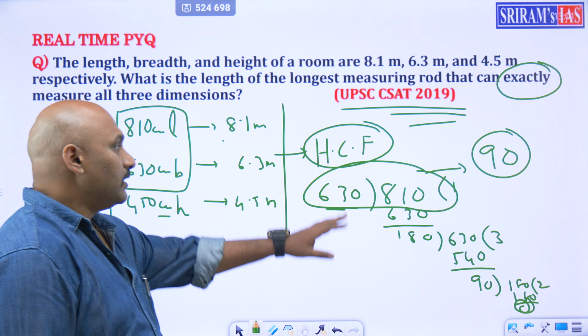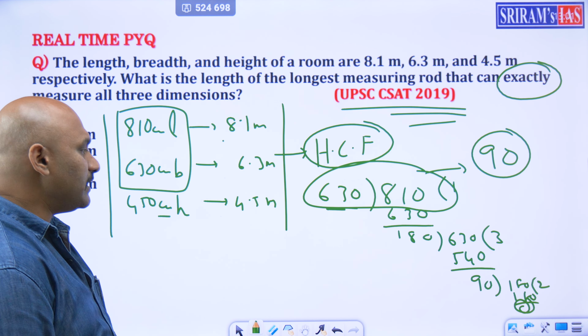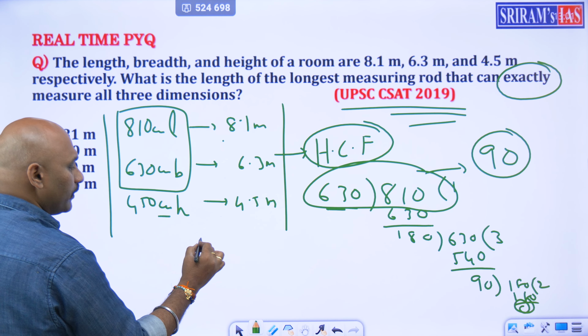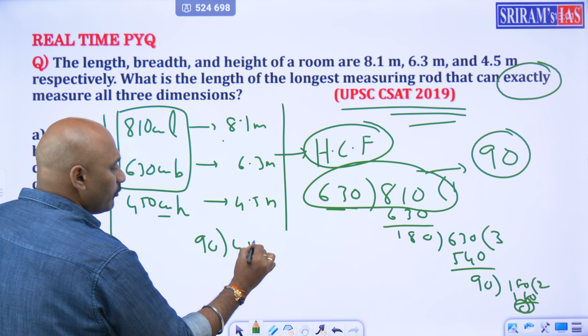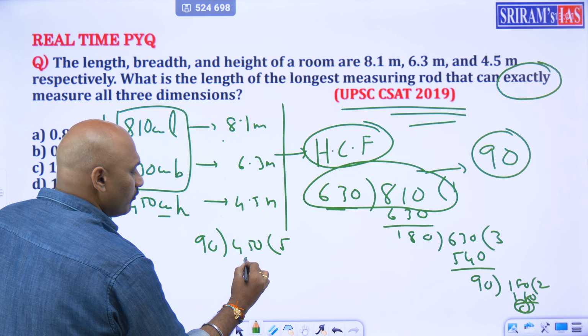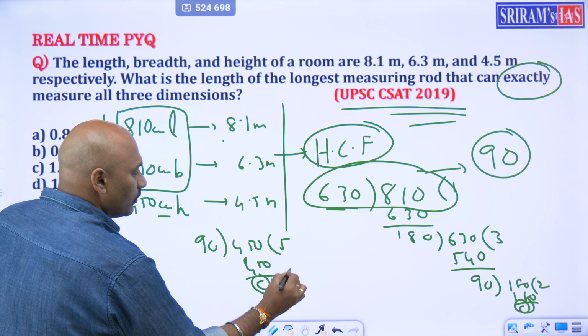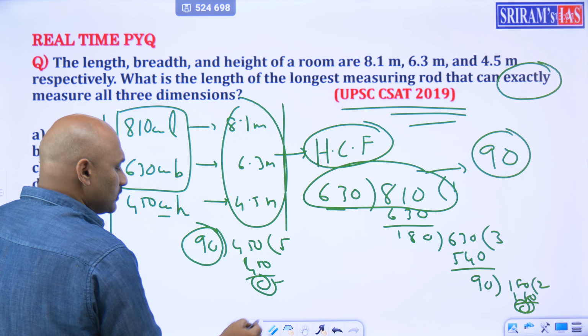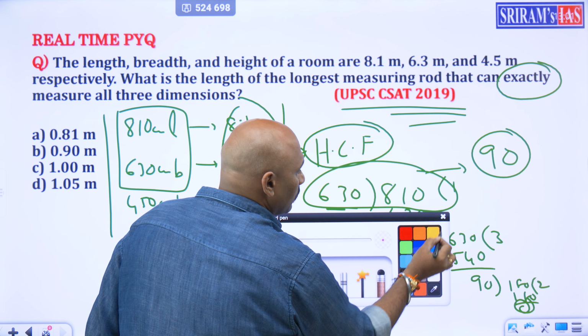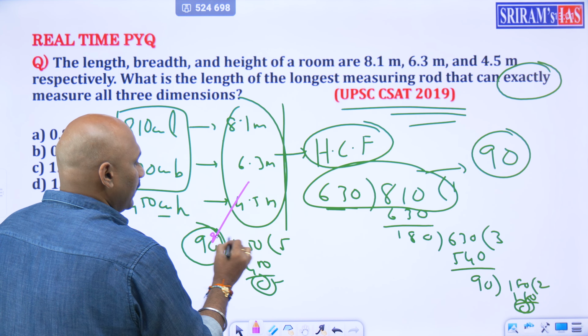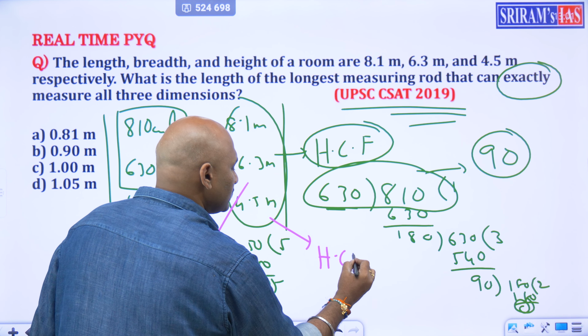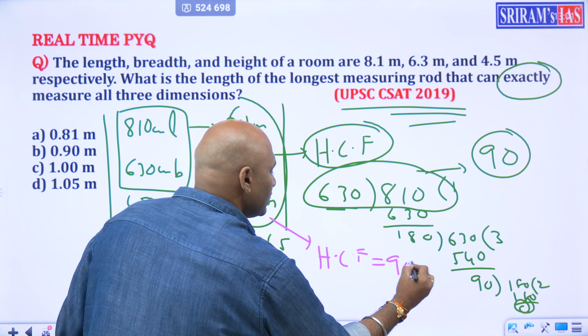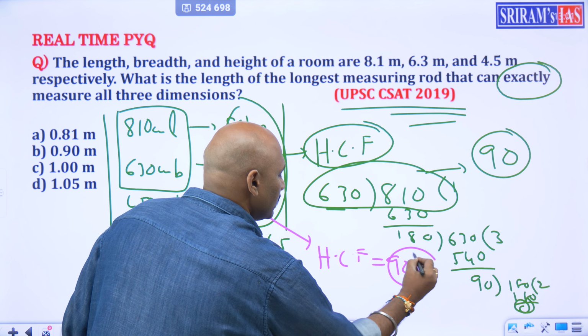As simple as this. Now 450 is left. Check if 450 is divisible by 90. 5 times 90 is 450, remainder is 0. Therefore, the HCF of all these finally turns out to be 90 centimeters, which is 0.9 meters.